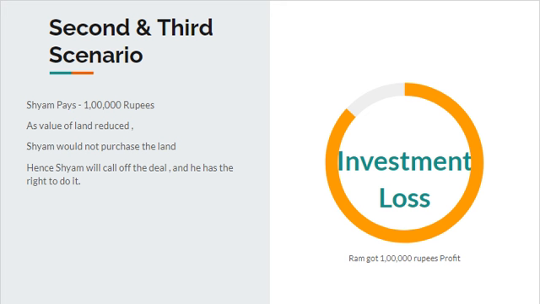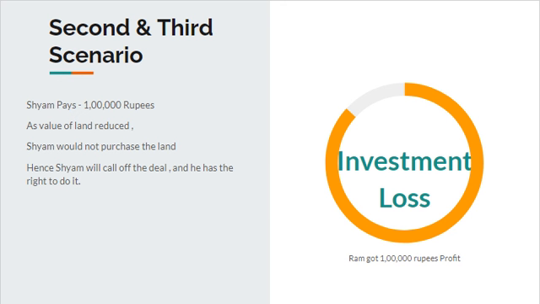And in the third scenario, 1 lakh rupees has been paid and the land cost is 5 lakh rupees. If the land value remains the same at 5 lakh rupees and the buyer buys in that situation, then also the buyer is going to be in a loss of 1 lakh rupees.